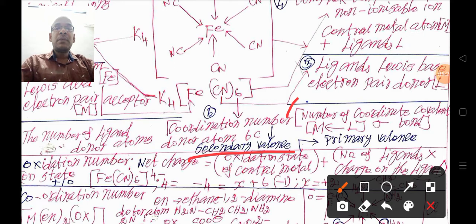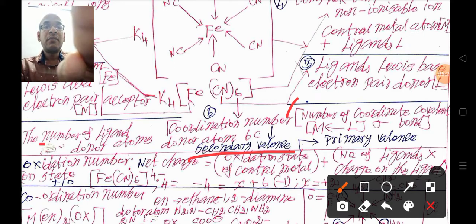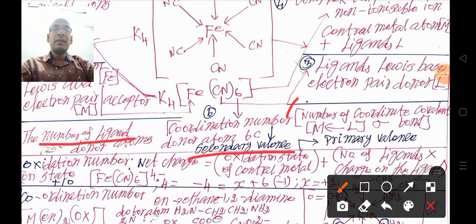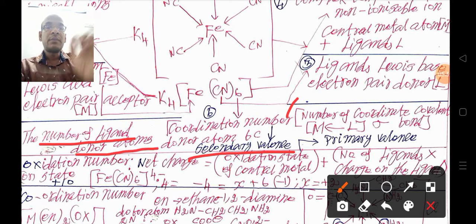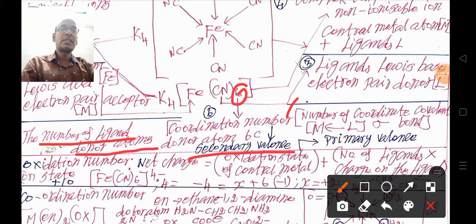Coordination number means the number of ligand donor atoms, the number of donor atoms. In this example, the number of ligands is 6. The coordination number therefore is 6 in this complex.